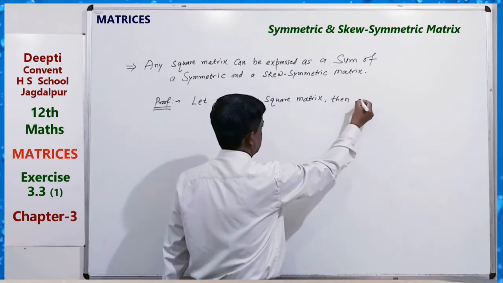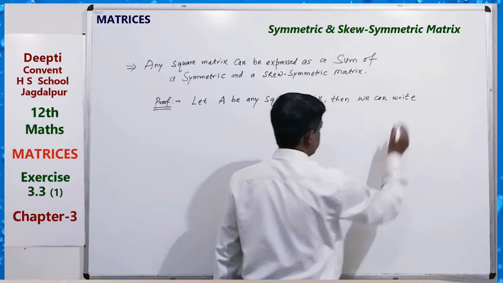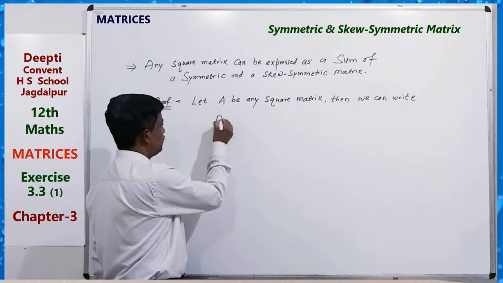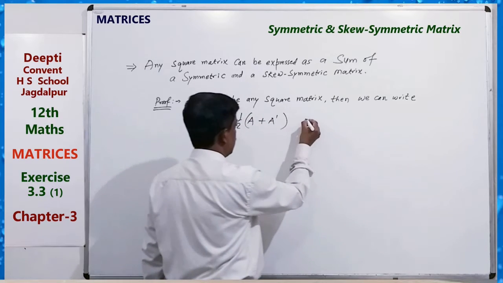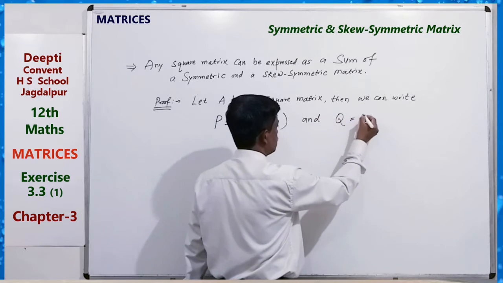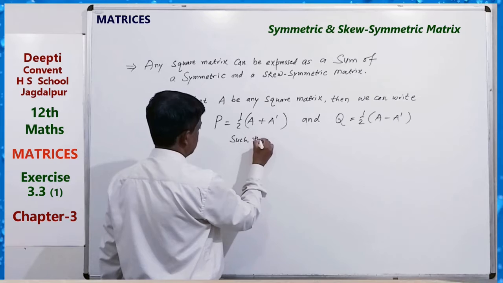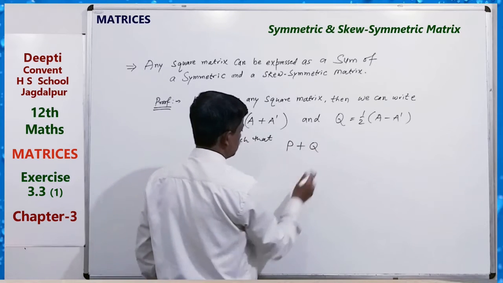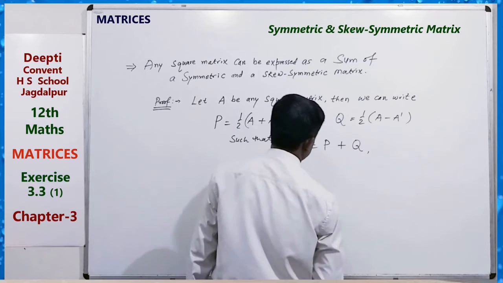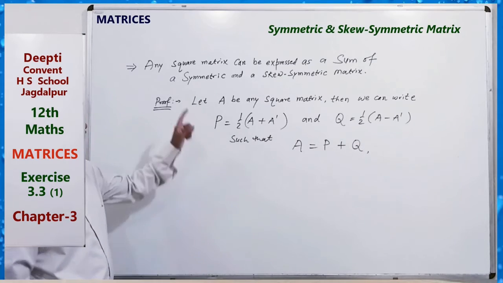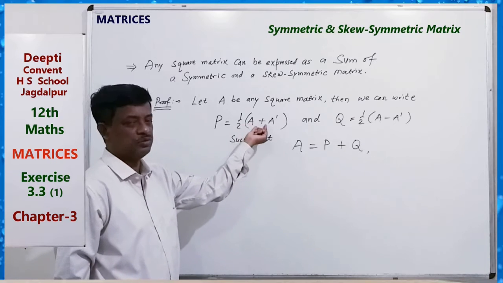Then we can write P equals A plus A dash and Q equals A minus A dash, such that A equals P plus Q. Let A be any square matrix, then we can find A dash, just sum of the two and divide by 2.